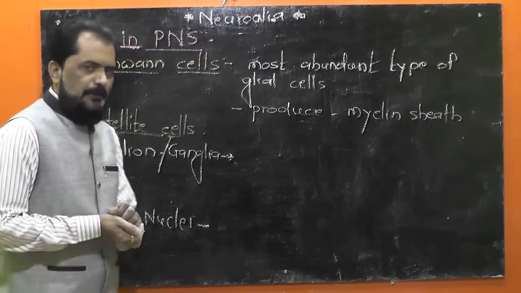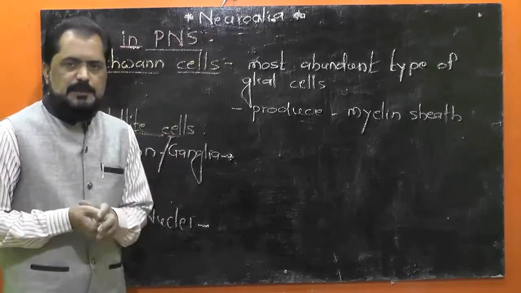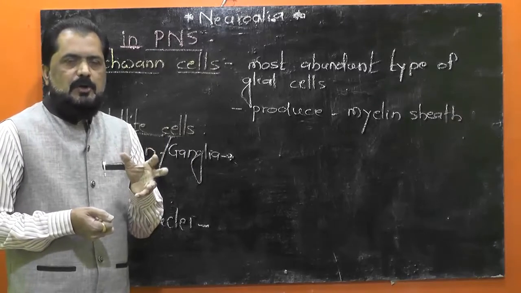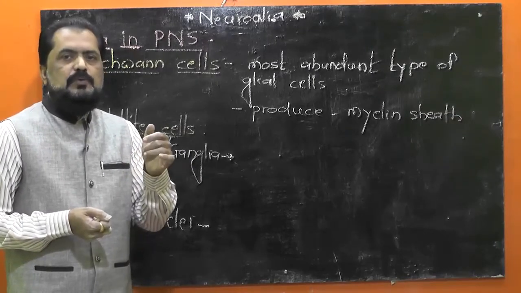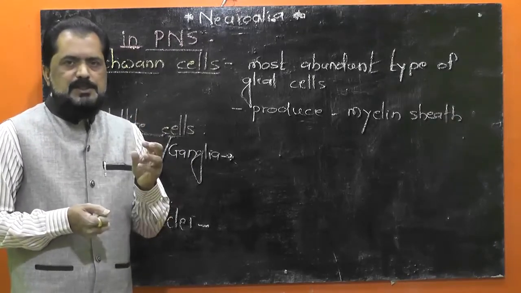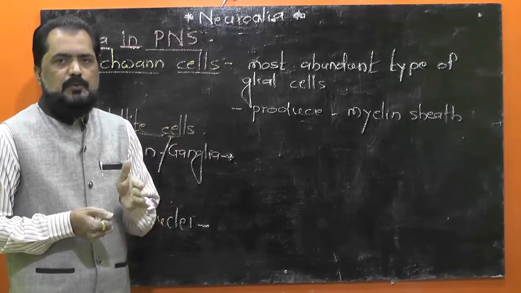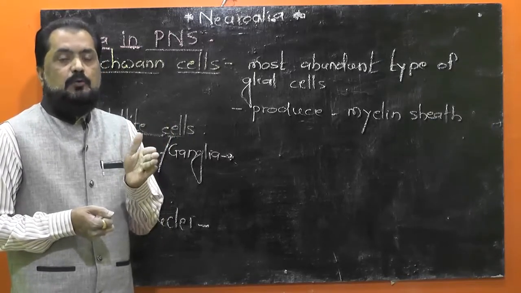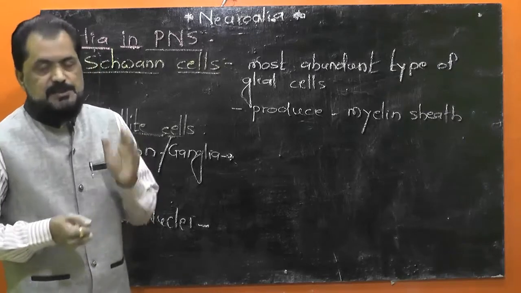Ganglion or ganglia, these are nothing but simply the mass or aggregation of neurons, but present outside the CNS.